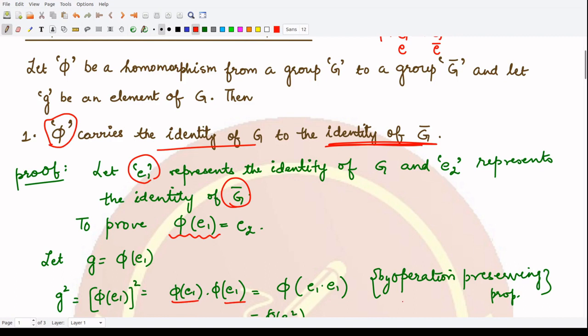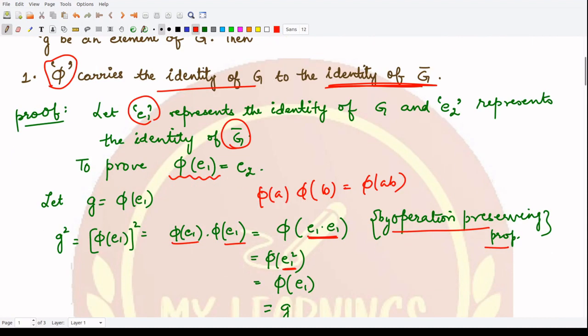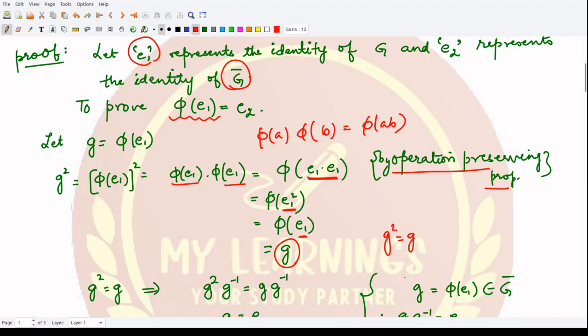Now because we have the operation preserving property, you can combine the elements, because phi of a, phi of b by the operation preserving property is equal to phi of ab. So you can write it like this, phi of E1 E2. You can write E1 E2 as E1 square, right? E1 square is E1, that you know, and what is phi of E1? That is g. So from here you obtain g square is equal to g, right?